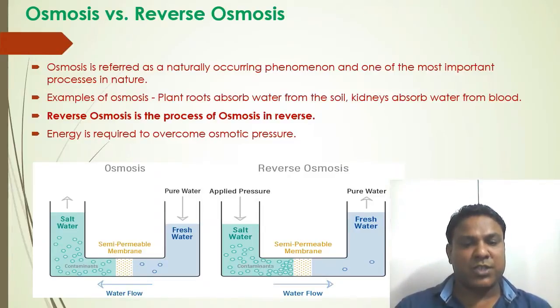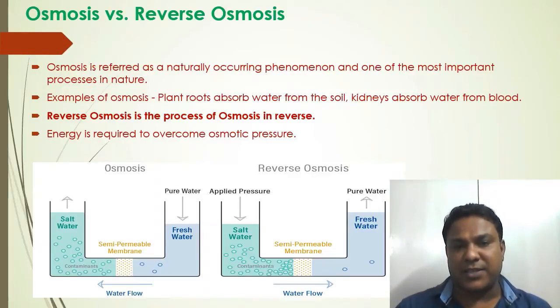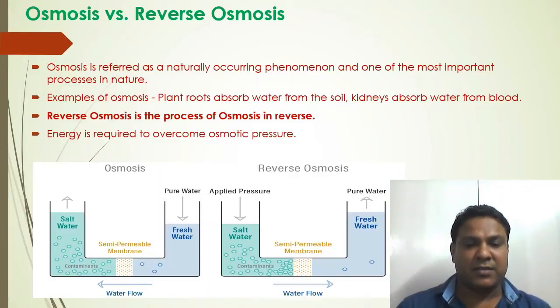Further, reverse osmosis is the process of osmosis in reverse. Whereas osmosis occurs naturally without energy required, to reverse the process of osmosis, we do need to apply energy to the more saline solution. A reverse osmosis membrane is a semi-permeable membrane that allows the passage of water molecules but not most dissolved salts, organics, bacteria and pyrogens.